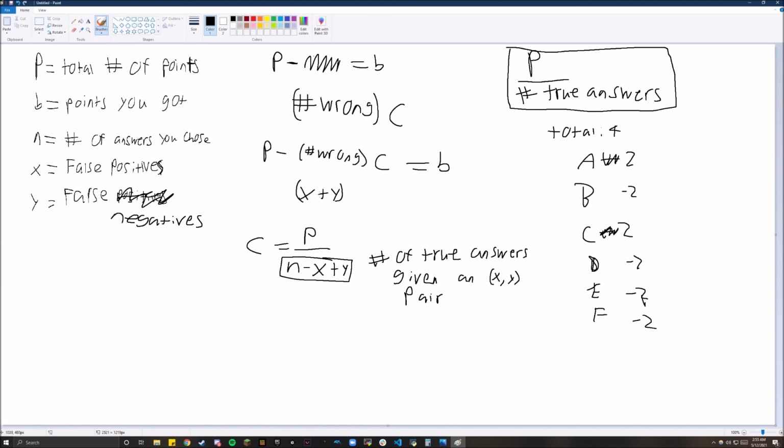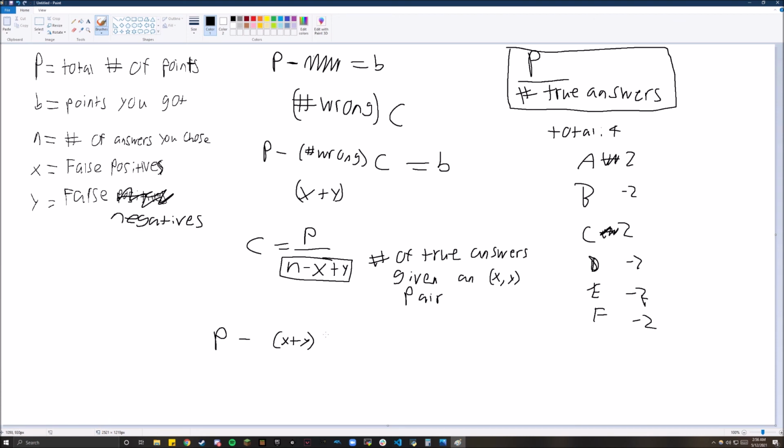And so what we can do is put this back into the equation and write the entire thing. P minus the number of wrong, which is X plus Y, times C, which is the cost that happens when you choose a wrong answer.